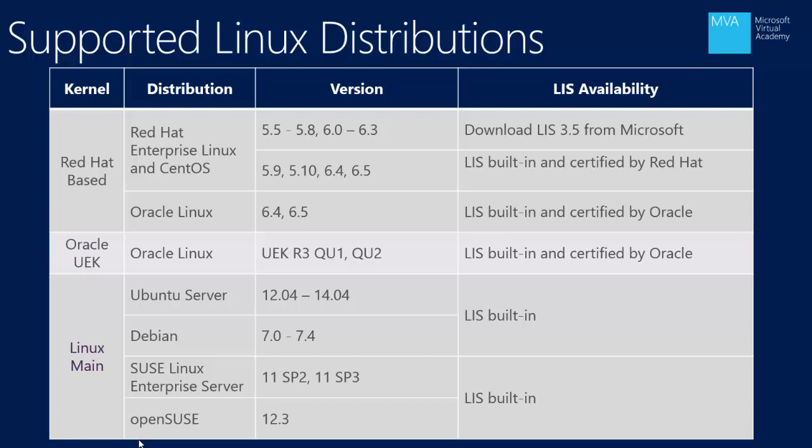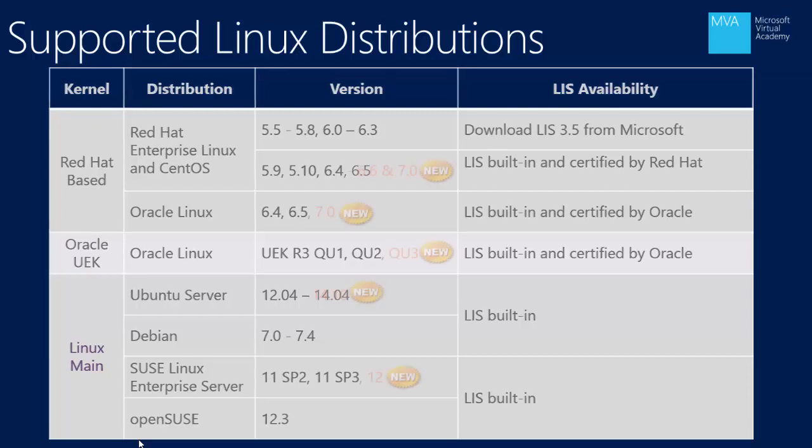But because Microsoft invested a lot in the Linux kernel itself, now these integration services are built inside the Linux virtual machine's kernel. For example, if you are going to install a Red Hat based 5.10 virtual machine, the integration services are already built in and it's certified by Red Hat. So you can see all the versions here.